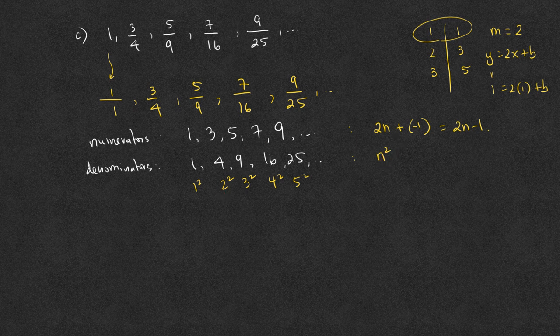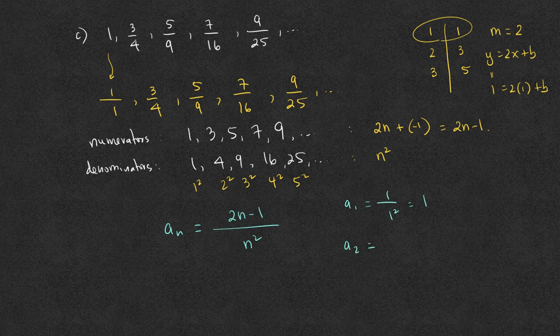Putting these together, we must have a sub n equals 2n minus 1 in the numerator and n squared in the denominator. But we still need to check. A sub 1 equals, if we plug 1 into n, 2 times 1 is 2, 2 minus 1 is 1, and in the denominator 1 squared, and so we have 1. The first term is 1.